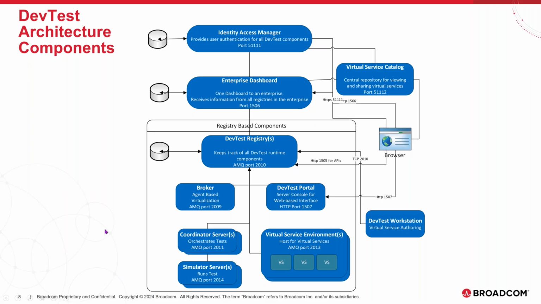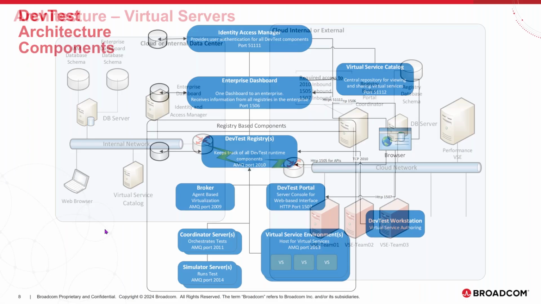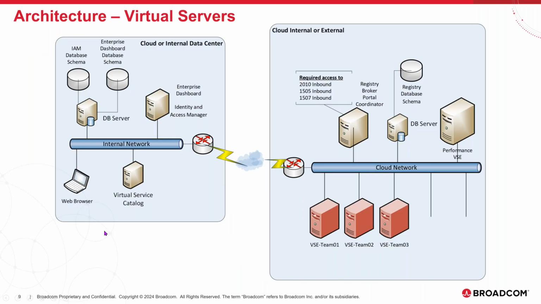So let's first look at if you did virtual servers. You could do virtual servers where you have a standing enterprise dashboard with, say, Identity and Access Manager. It's got their database, maybe have a standing registry with its registry DB, performance VSE. And then you have teams. You have VSEs for these teams.